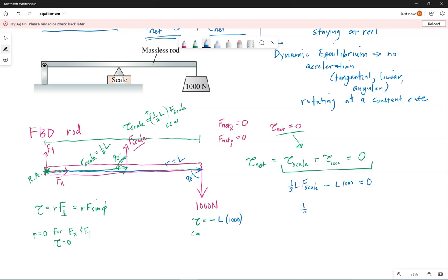If you wanted to, you could totally jump to the magnitude of these torques needing to be equal to each other to balance out the rod. So when we get to that point, we see that the force the scale must apply to maintain this rod in equilibrium is 2,000 newtons.